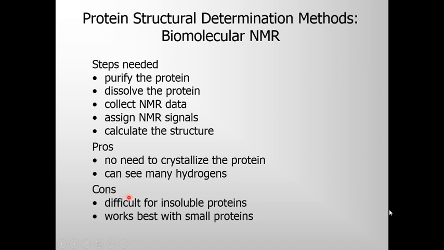The limitations are that it is difficult for insoluble proteins, and it works best with small proteins. So anything above 30 to 40 kilodaltons, it becomes increasingly difficult to resolve hydrogens and to determine the three-dimensional structure.